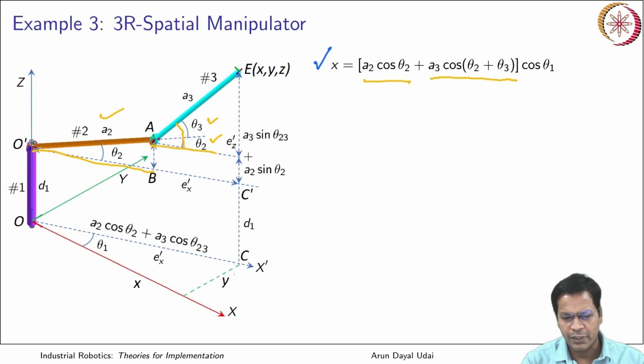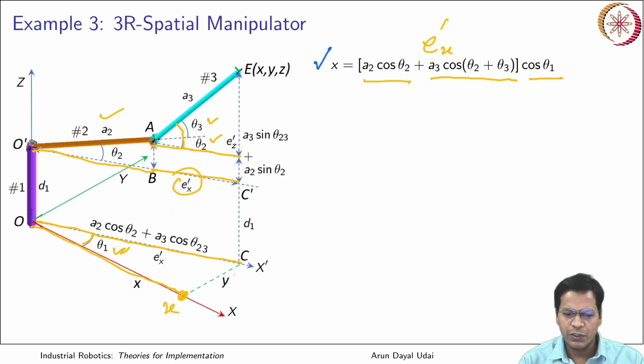So cosine of that is this, and the same is this. So the total distance is your X dash. Cosine of that with theta 1 is actually your X. Got it? So this is your X.